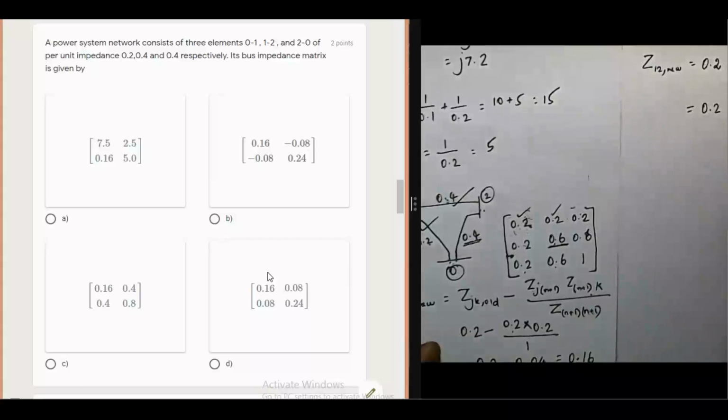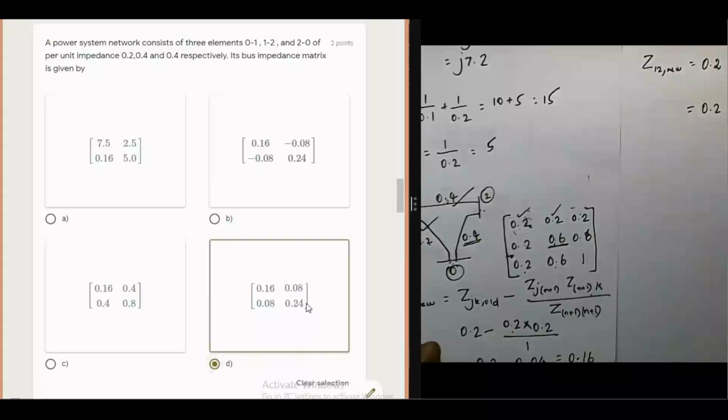That value is equal to 0.08. This is a positive value, plus 0.08. Over here, option D is the correct answer.